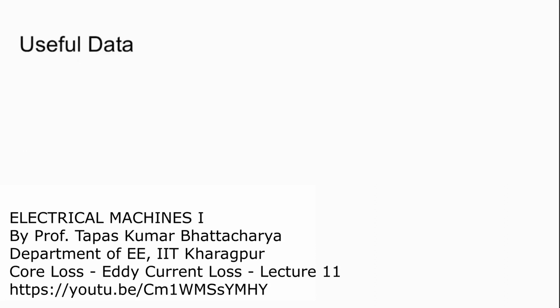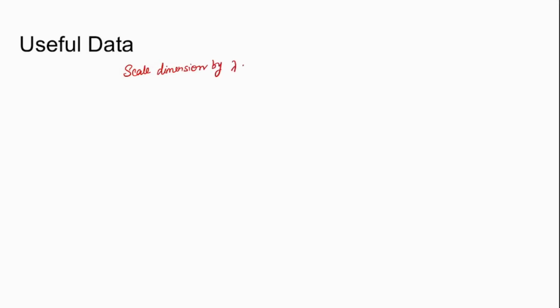Now see, useful data that you will be needing while doing this problem. Scale dimension by lambda. That means if length of transformer 1 was L1, length of transformer 2 will be lambda L1.